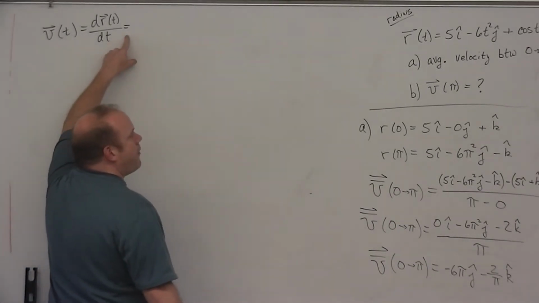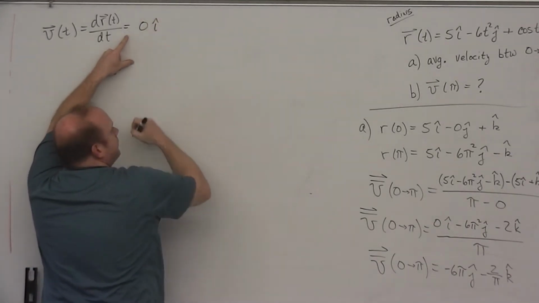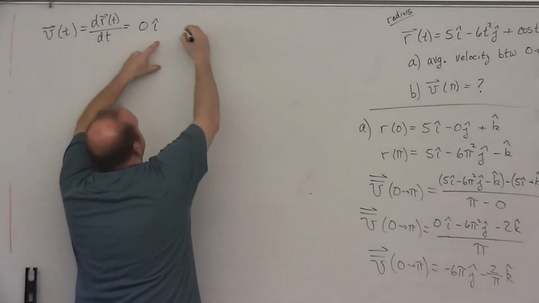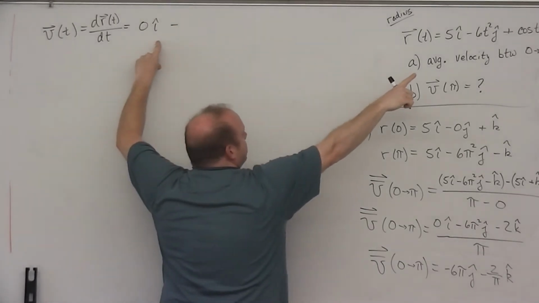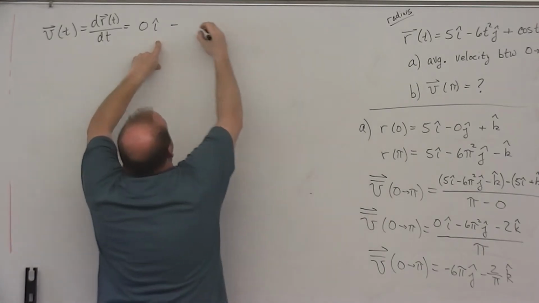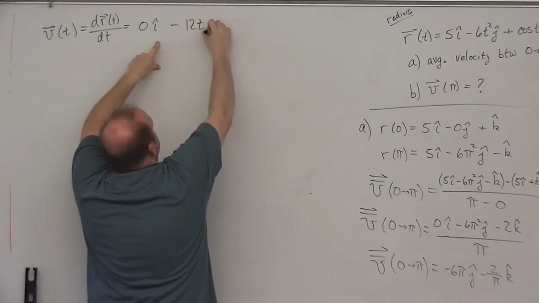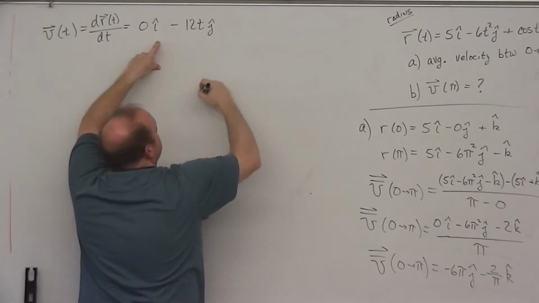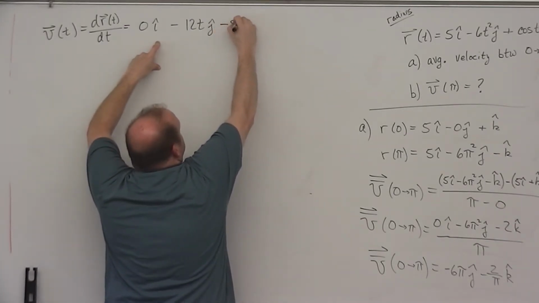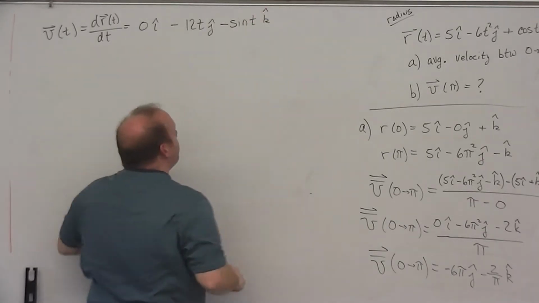So now, v of t would equal 0 i hat, derivative of 5 is 0, minus the derivative of negative 6t squared will be negative 12t j hat, minus the sine of t k hat.